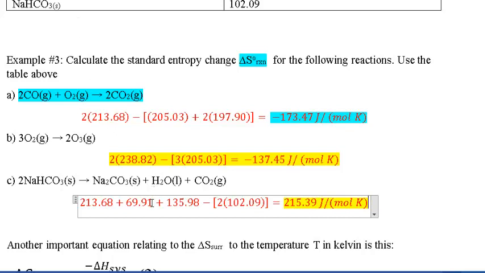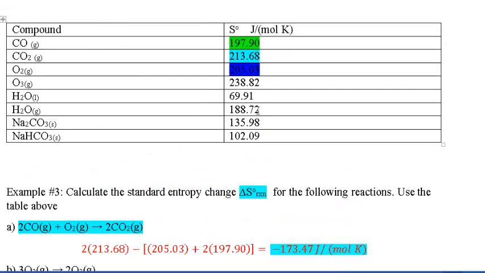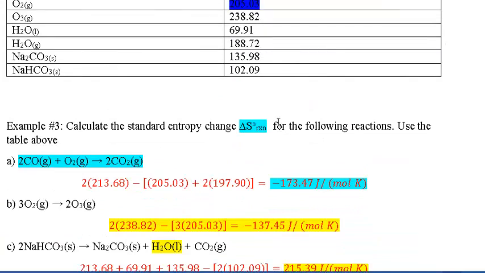One thing I do want to tell you, products minus reactants. H2O liquid has a value that's different than H2O gas. Okay, so states are important here. Some students, or anybody for that matter, can put in the value of H2O gas, and that's not the correct value that you want to put.